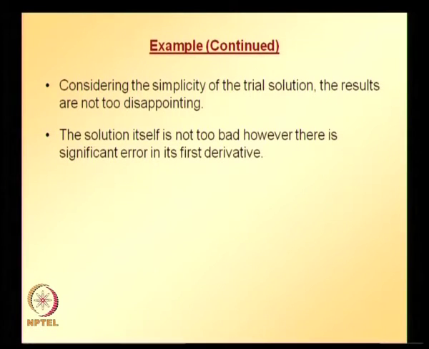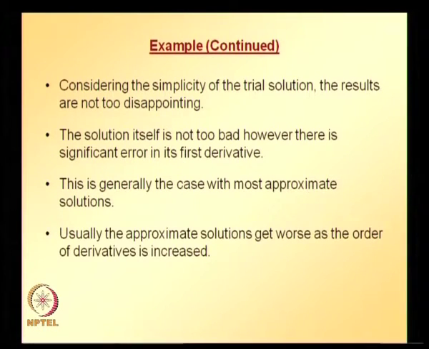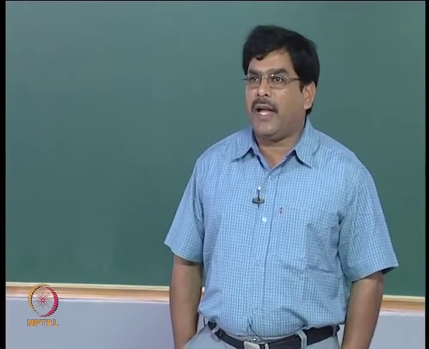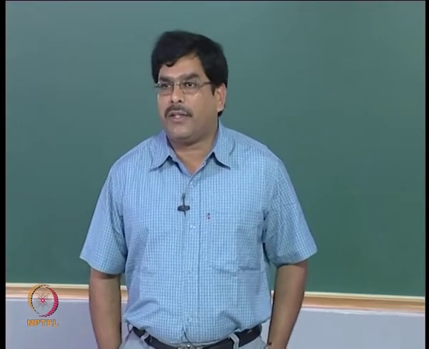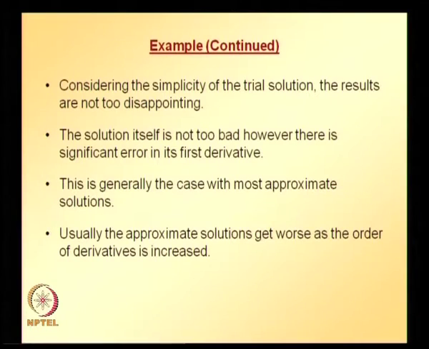Solution itself is not too bad, however significant error in its first derivative, that is what you observed, and this is generally the case with most approximate solutions. Usually approximate solutions get worse as the order of derivative is increased. We plotted only the first derivative, but if you take one more derivative, you will see much more error than in the first derivative.